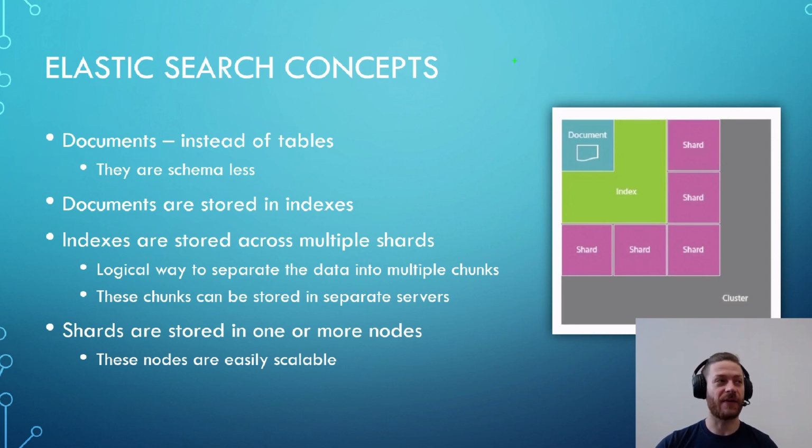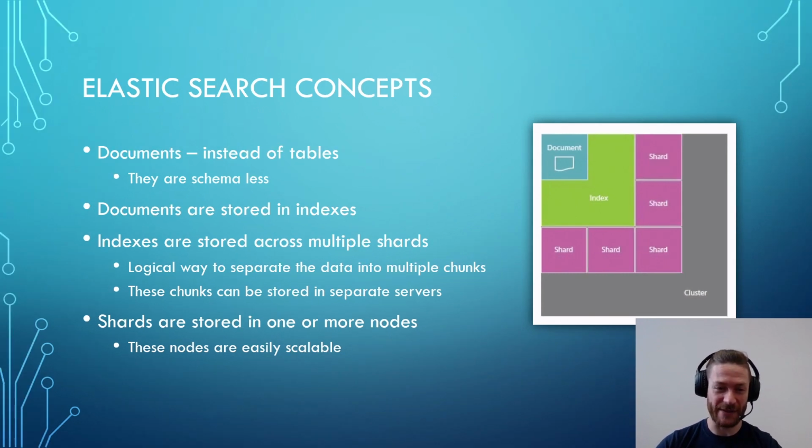So if we have a blog, we can create an index for the posts and an index for the comments, for example. If we have a student system, we may create an index for the courses, an index for the users, an index for the resources, for example, the video lectures, and so on and so on. So you can create different indexes. These indexes are stored across multiple shards. What is a shard?